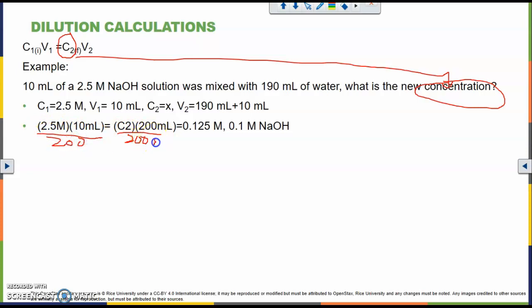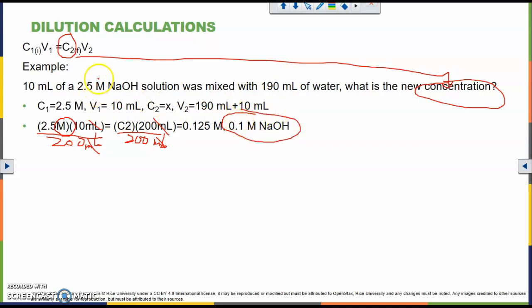And as you can see, since we're dividing the mils, what unit is left behind? What unit is left behind is a unit of concentration, which is smaller. And that's why the final concentration, if I diluted it with 190 mils of water, is 0.1 molar.